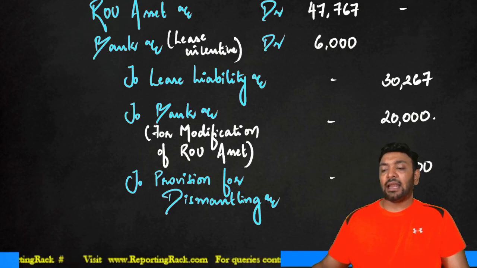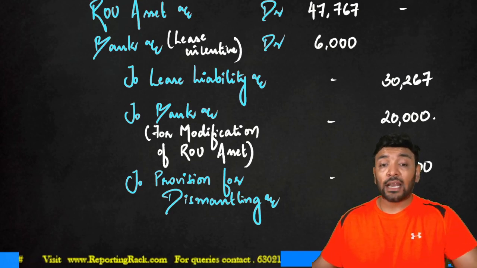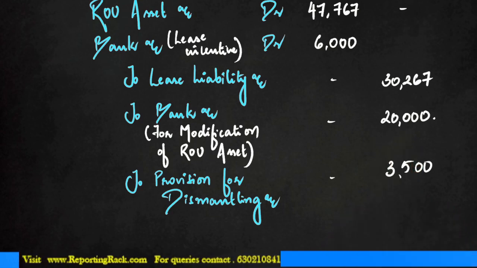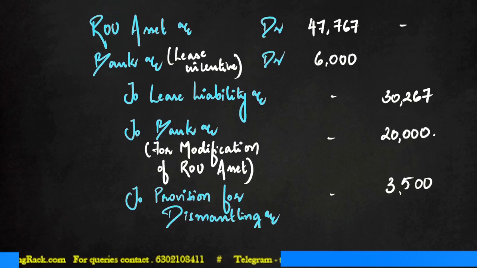Now look at it, the entry will perfectly tally. I just hide myself so that you can see the answer. This is the entry that we're going to record for recognizing the leased asset.